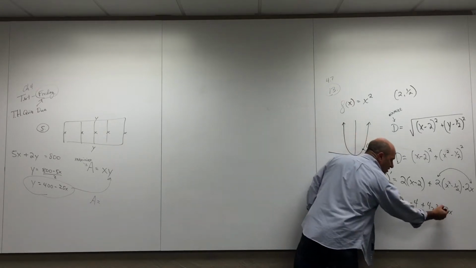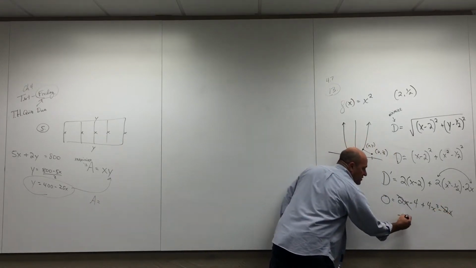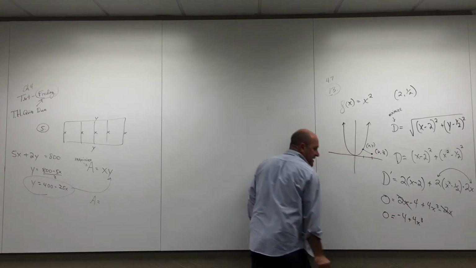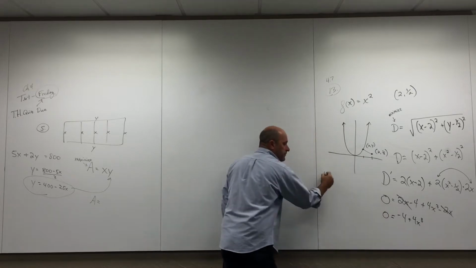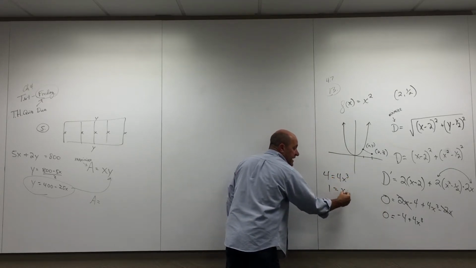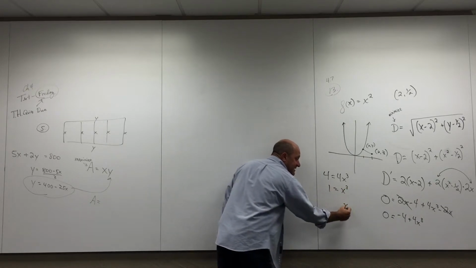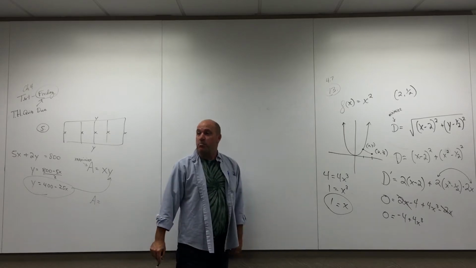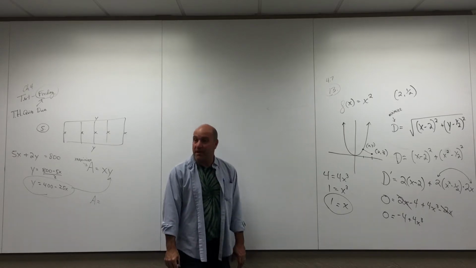Oh, those 2x's fall away. Whew, that was nice. So I got a negative 4 plus 4x cubed equal to 0. Yeah, this is going to be easy, right? Move the 4 over. 4 equals 4x cubed. Divide by 4. 1 equals x cubed. Take the cube root of both sides. x equals 1. That's your critical number. That's the point where we have a minimum distance.